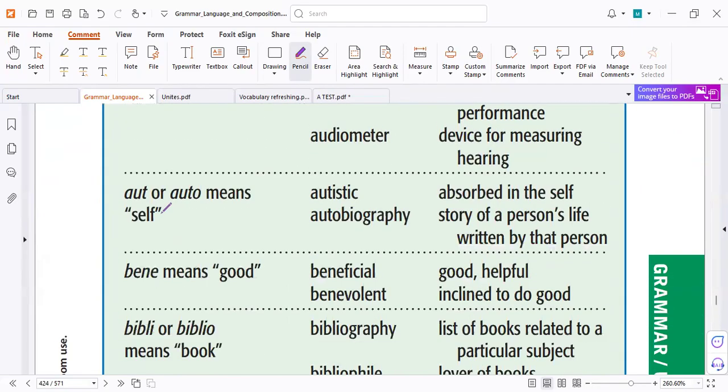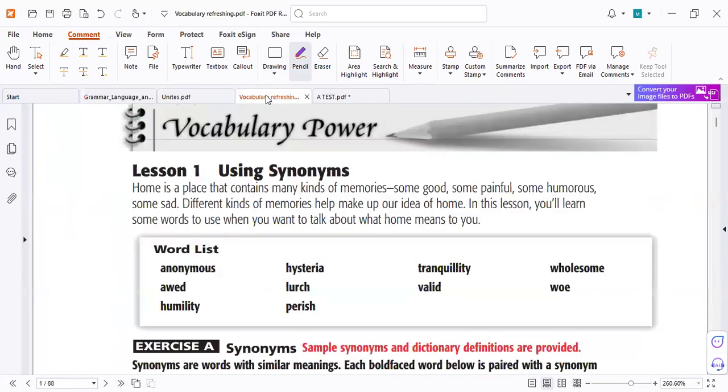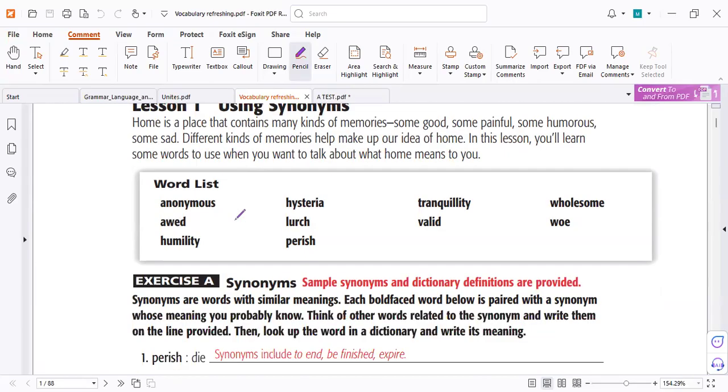You must memorize all these Latin words. Why? When you study the vocab, it makes it super for you. Remember, study like that at home. I'm a teacher. Look, "an" means no. "Nym" means fact. "ous" means it's an adjective.